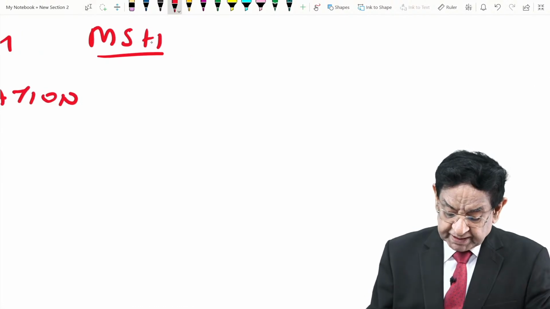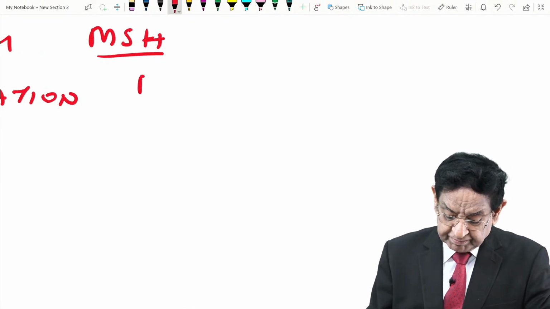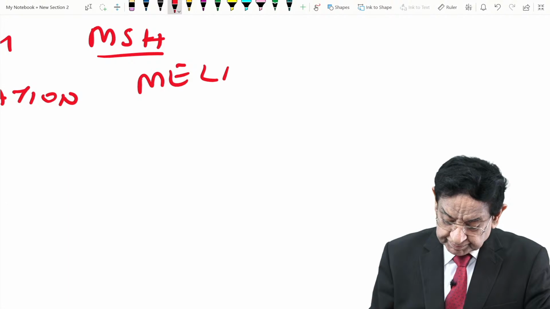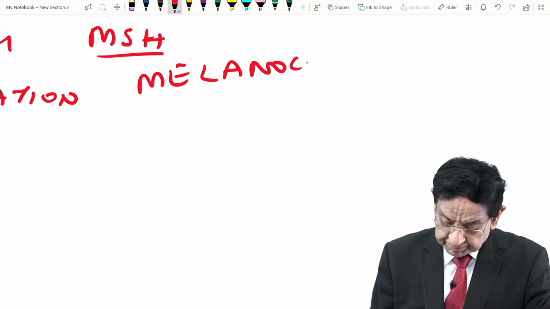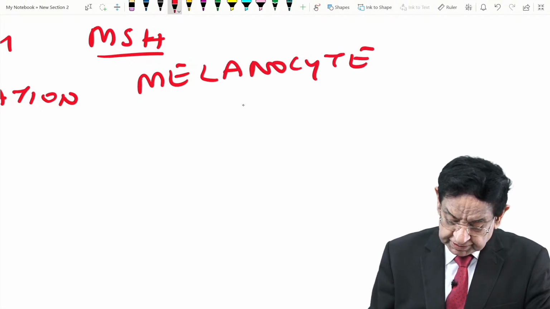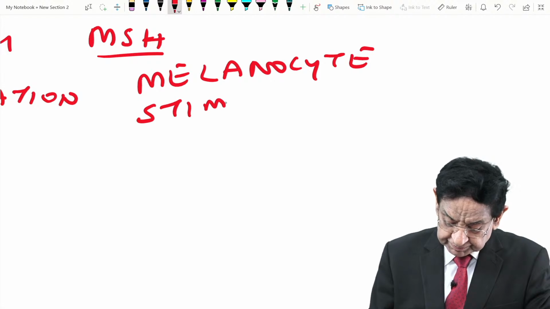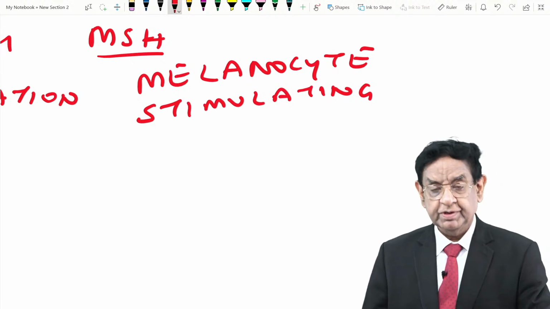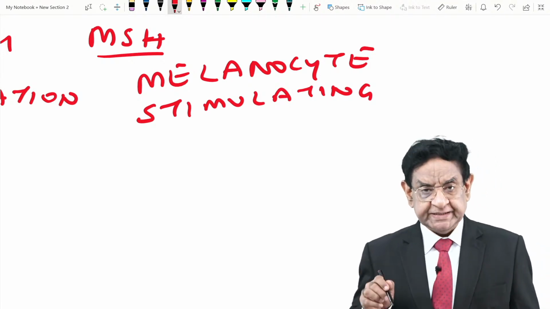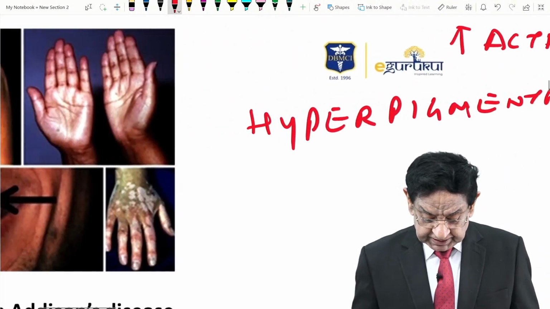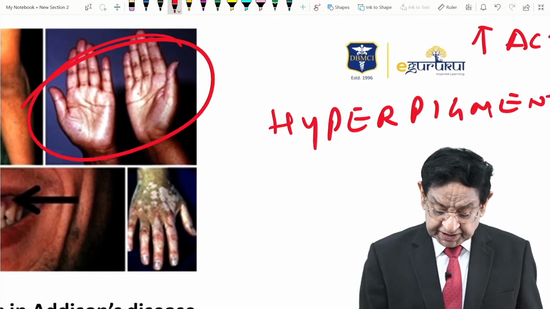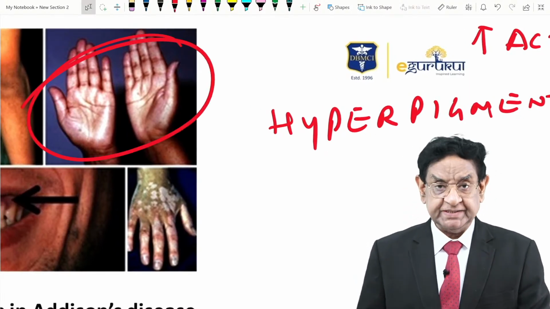MSH, melanocyte-stimulating hormone, is a pigment hormone which causes increased pigmentation. That's why we get hyperpigmentation in Addison disease.